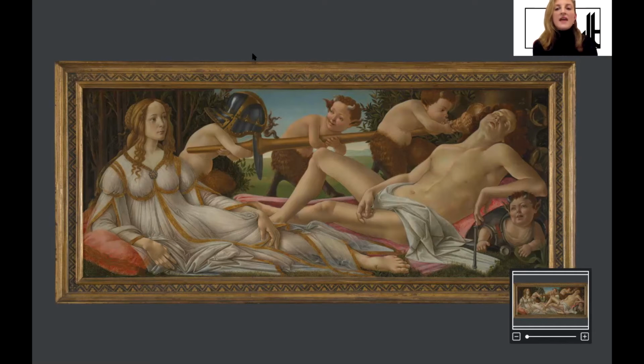And then we have this nude male figure, which has significance because it was traditionally thought that the woman would conceive a male heir, which was, of course, the preferred gender, I'm sorry to say, in the 15th century, because it continued the line of the family.